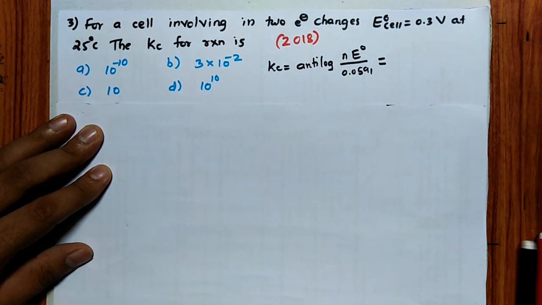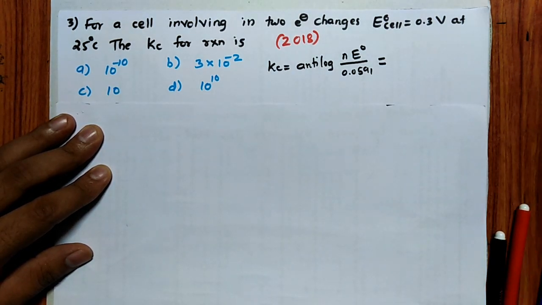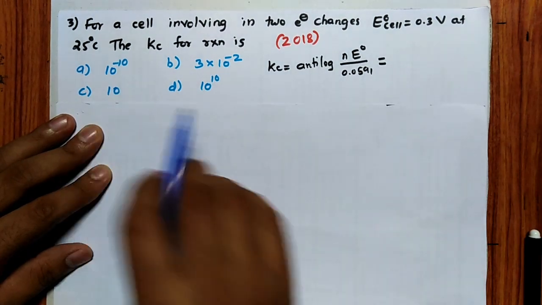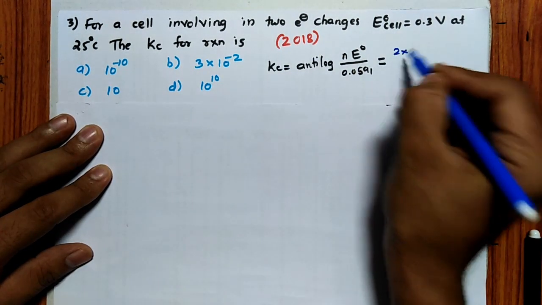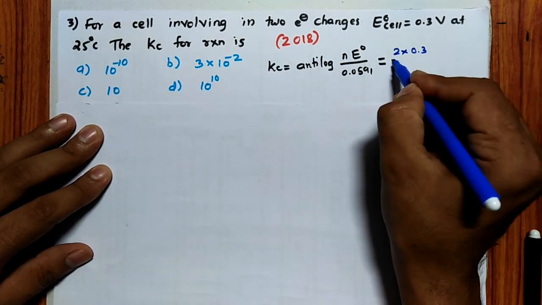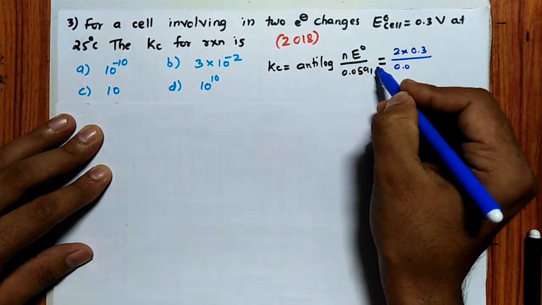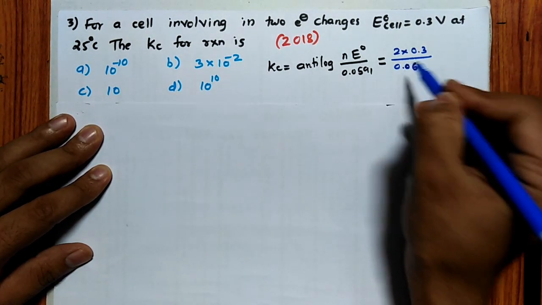What is the value of n E naught in this particular case? n is 2, you can see 2 electron change. 2 into E naught, 0.3, divided by 0.0591. I will write it as 0.06.